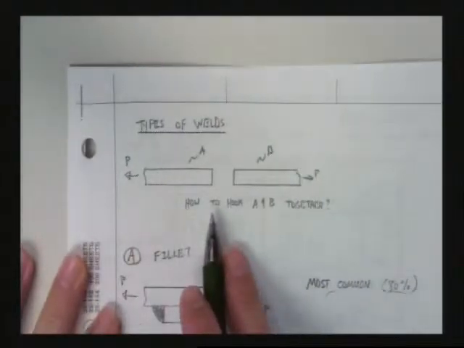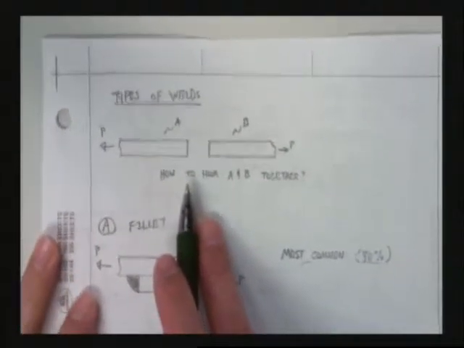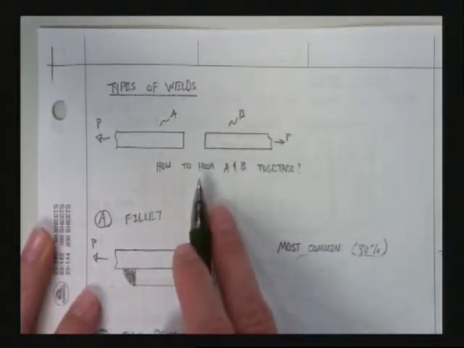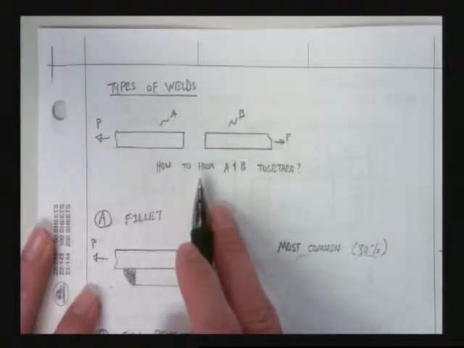When we talk about welds, it's just another way to hook two plates together. Sometimes we like to bolt, sometimes we like to weld. Oftentimes we'd like to do as many welds as we can in a shop and as many bolts as we can in the field. But that's not always possible and not always done that way.